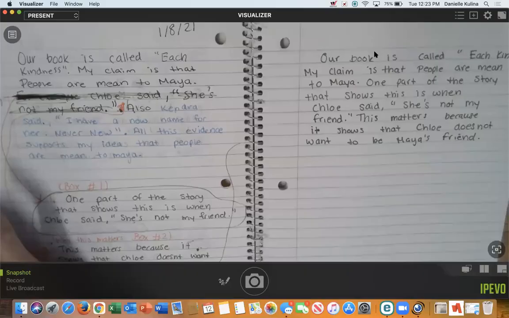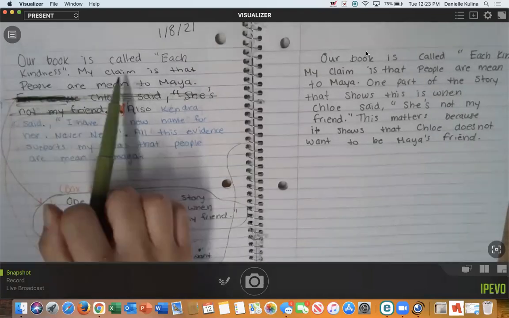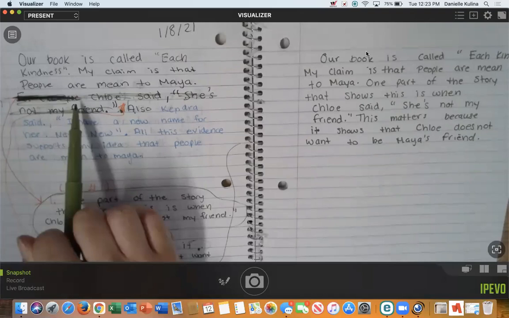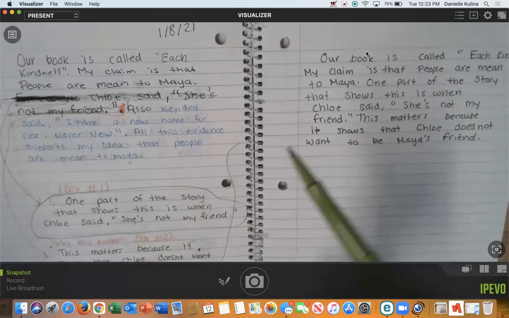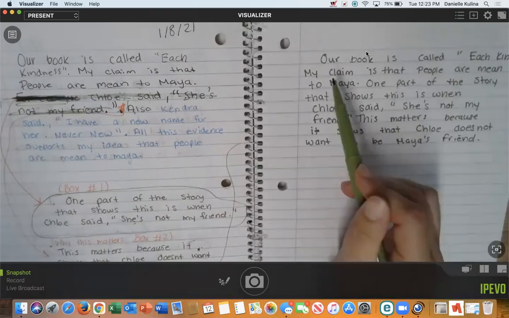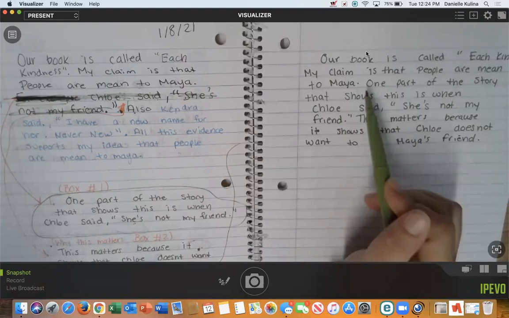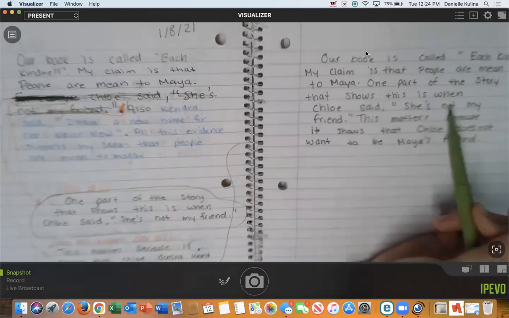Our old paragraph says, our book is called Each Kindness. My claim is that people are mean to Maya. For example, Chloe said she's not my friend. That's it. But our new paragraph says, our book is called Each Kindness. My claim is that people are mean to Maya. One part of the story that shows this is when Chloe said she's not my friend.